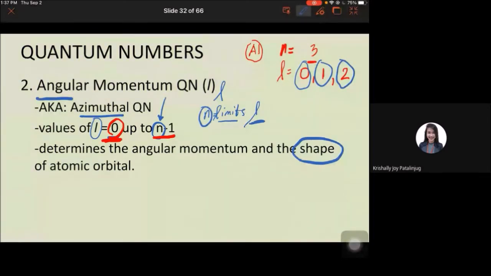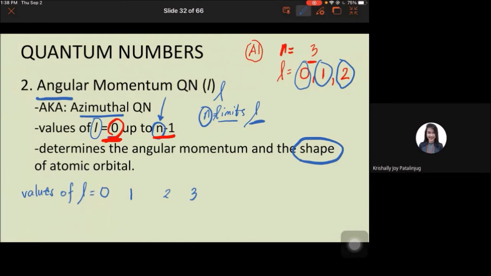Okay. Take note, class, na itong mga values na makukuha mo sa L, they are designated with letters. I repeat, itong mga values na makukuha mo sa L, designated yan with letters based on the quantum number concept. So kapag yung nakuha mong values of L, meron yung corresponding letter. Okay, ano ngayon yung letters?